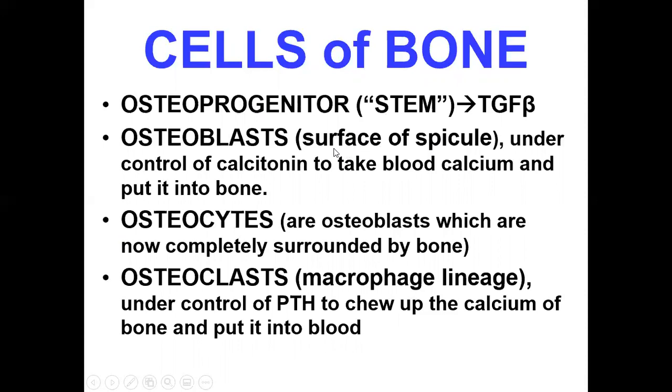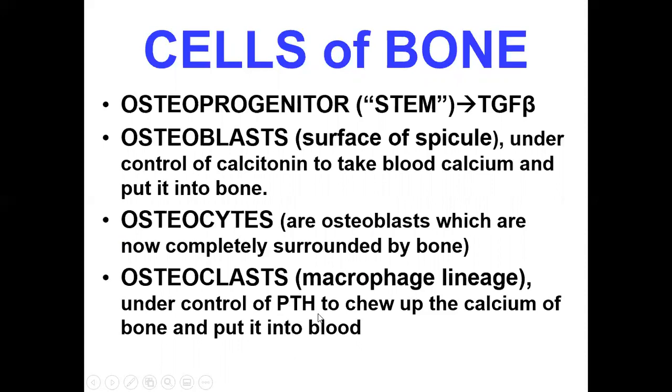So they are bone forming cells, osteoblasts. Then osteocytes, they are osteoblasts which are now completely surrounded by bone. And then osteoclasts, they are derived from circulating monocytes and they are under the control of parathyroid hormone. And they chew up the calcium of bone and put it into the blood.